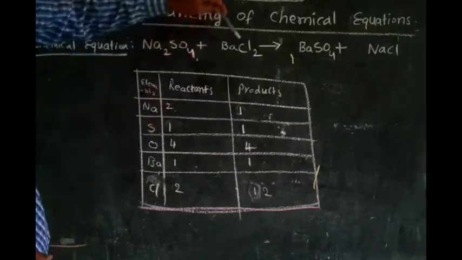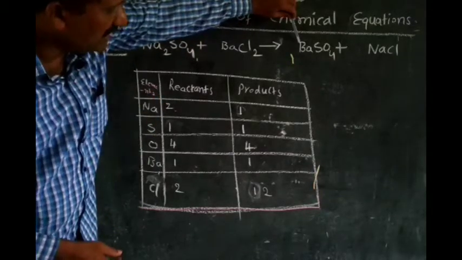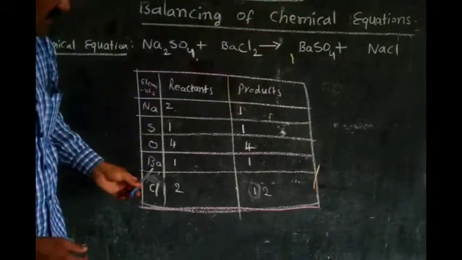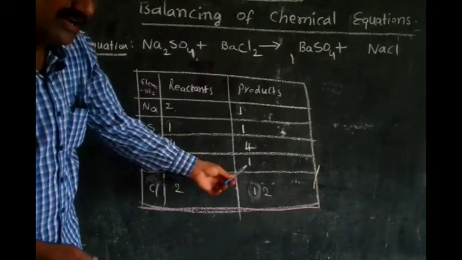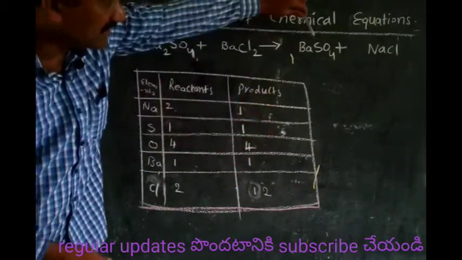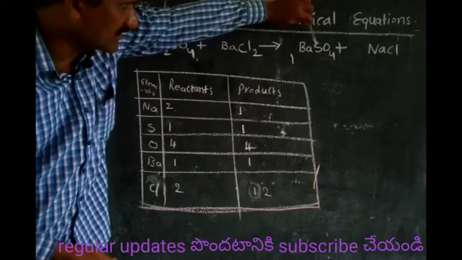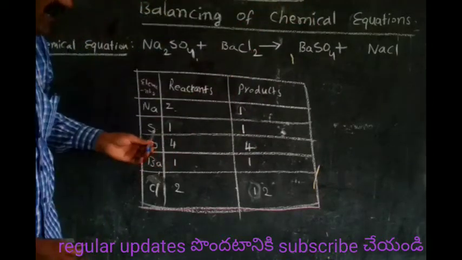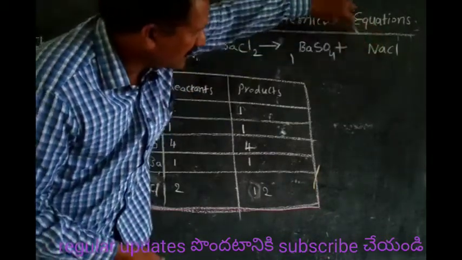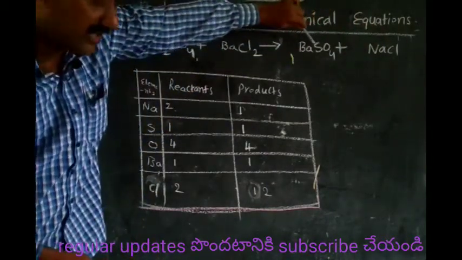Now considering the products, barium first. Barium, here in the reactants 1 is there, in the products also 1 is there. Okay. Next, let us come to the sulfur. In the reactants 1 is there, in the products also only one sulfur atom is there.